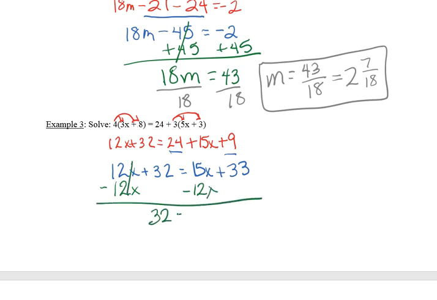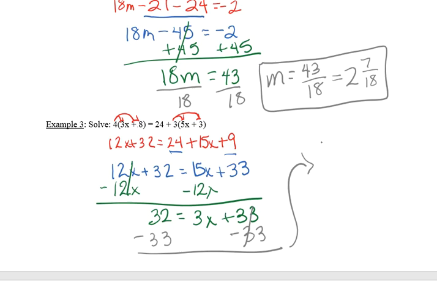I end up with 32. 15 minus 12 is 3. Now I'm going to move my 33. Move over here because I'm out of room. 32 minus 33 is negative 1. Last step is to get that 3 out from with the x, so we'll divide both sides by 3. x is negative 1/3.